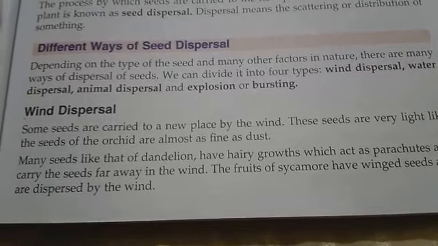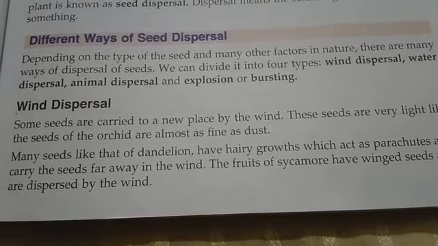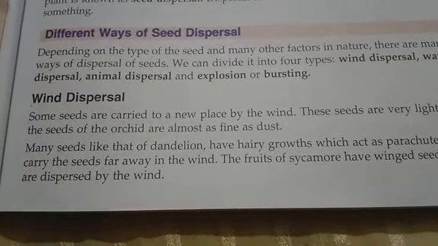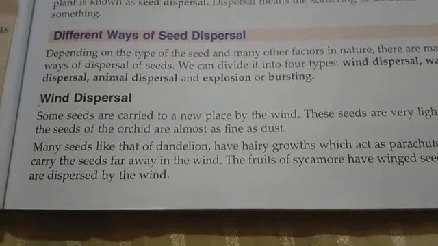Firstly, wind dispersal. Some seeds are carried to a new place by the wind. Wind helps the seeds to go to a new place. These seeds are very light, like the seeds of the orchid, which are almost as fine as dust.